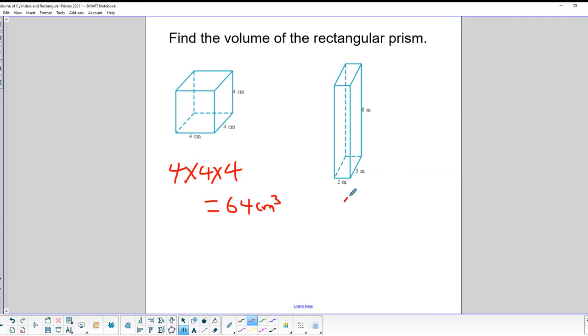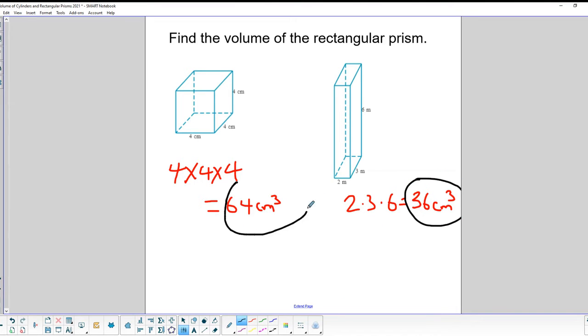Okay, on the next one, we got 2 times 3 times 6. And 2 times 3 is 6. 6 times 6 is 36. So I got 36 centimeters cubed. That's the volume of that one. Okay, next.